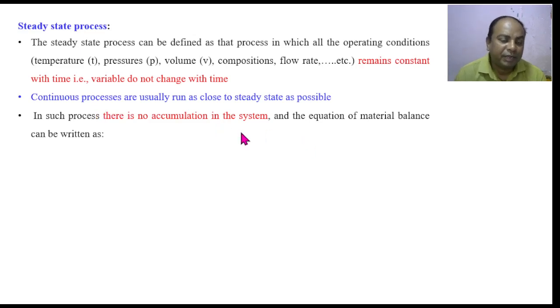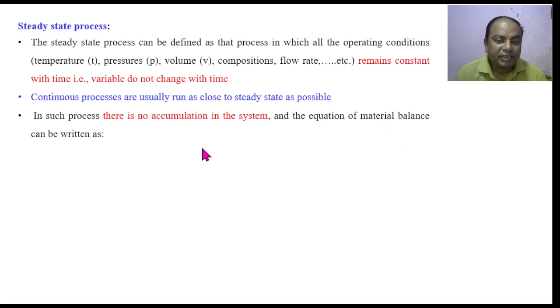Whatever chemical reaction or any physical or chemical change may take place within that period of time during its flow, the chemical finally comes out as a product from the system.